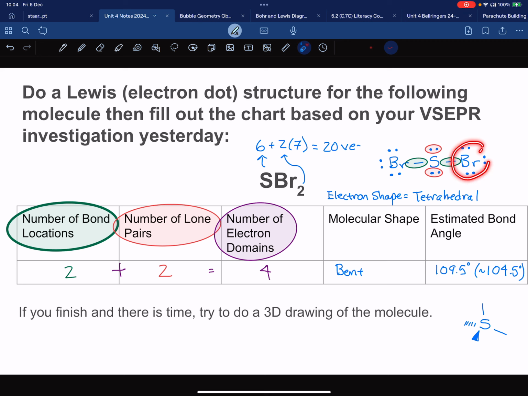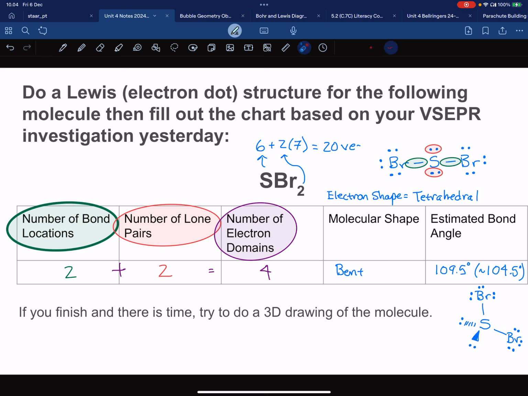So the easiest thing to do is to put the bromines on the lines, right? Just like they are in the drawing or on the simulation. Then you can put the lone pairs on the wedge dash. And don't forget to add in all your lone pairs. So each bromine's got an additional 3 lone pairs. And then there's a lone pair there and a lone pair there.